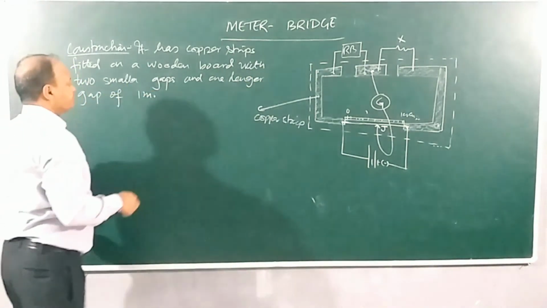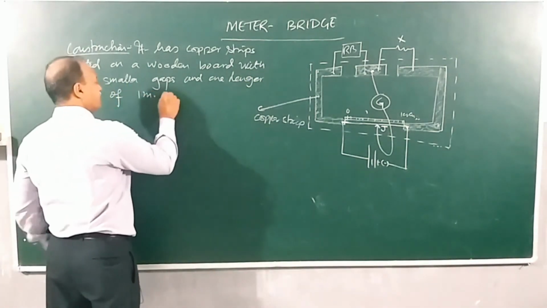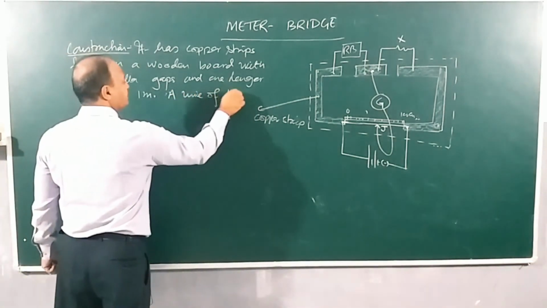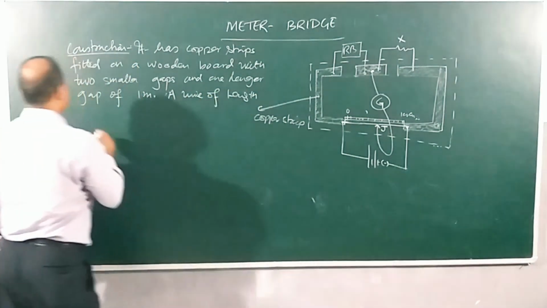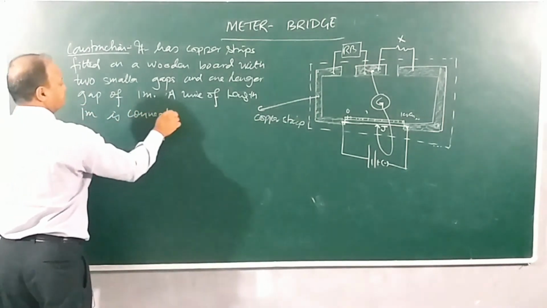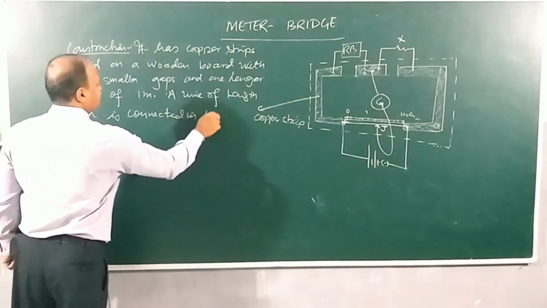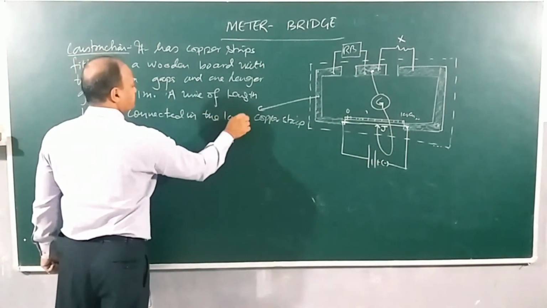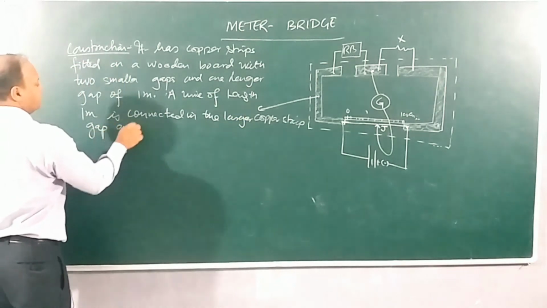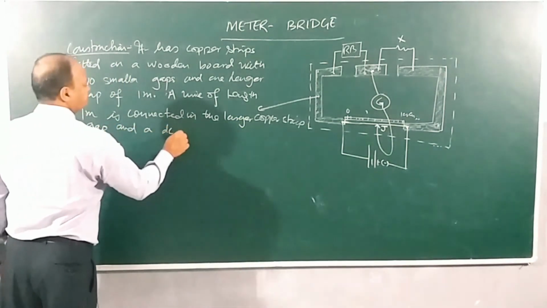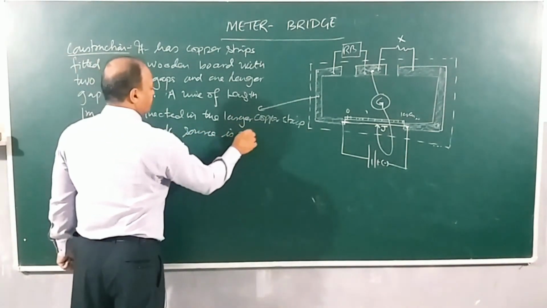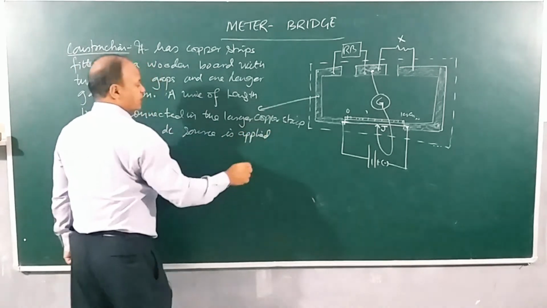In the larger gap, a wire of length 1 meter is connected, and a DC source is applied across it.